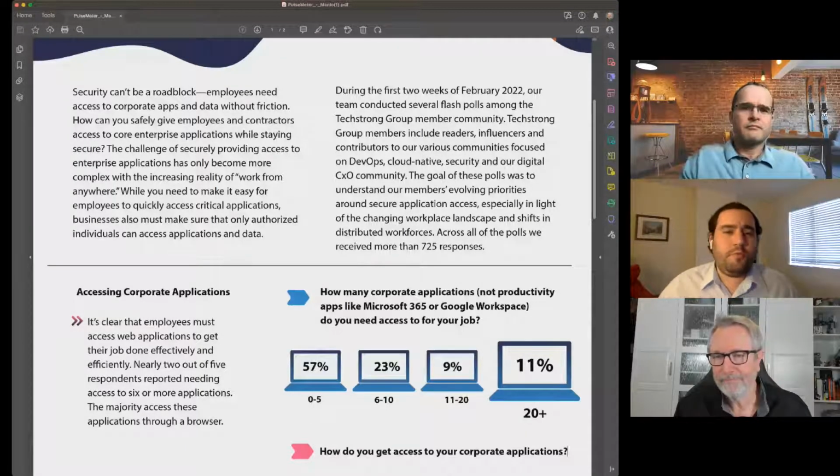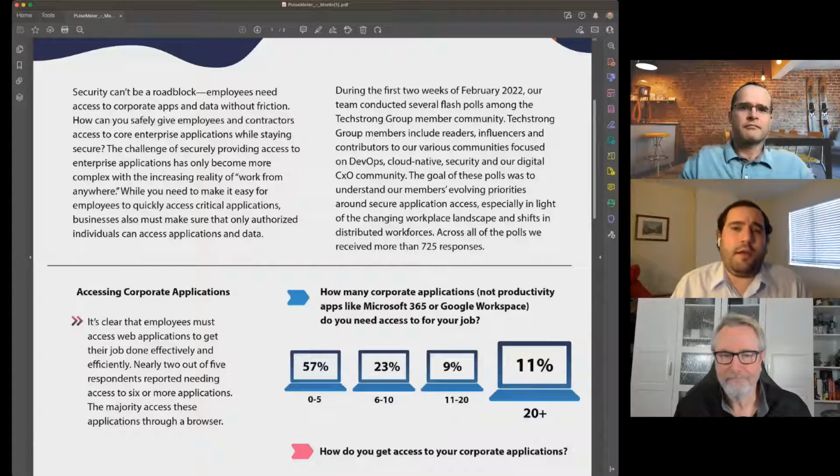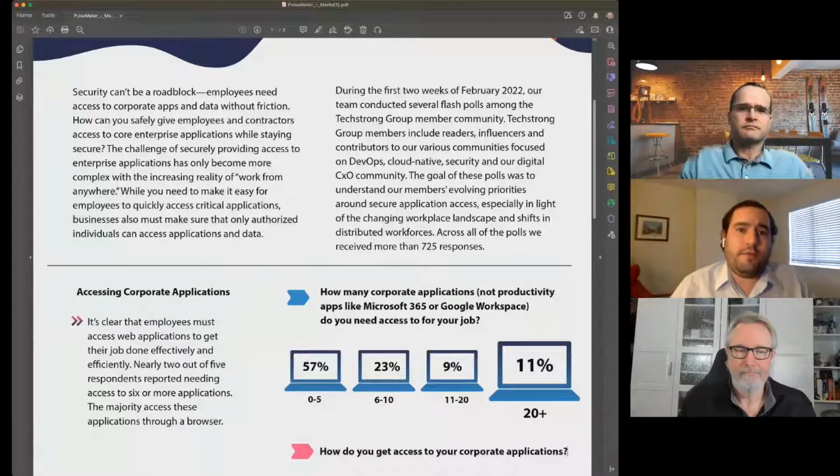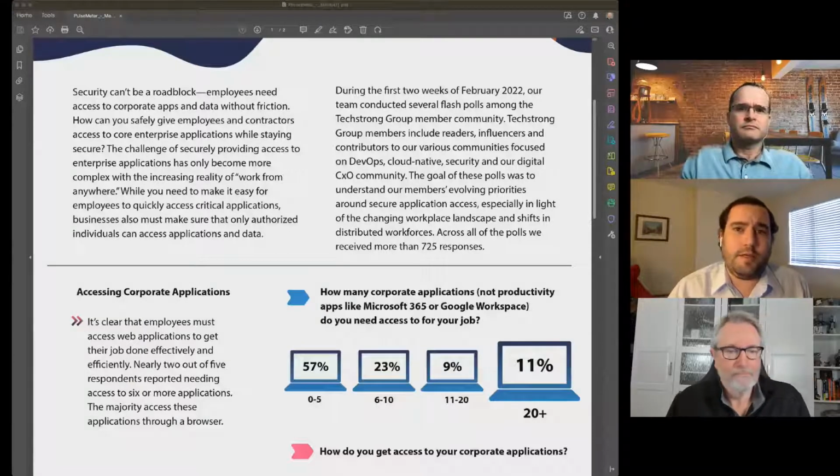Yeah, so you have that group who are only accessing a small handful of private applications, and that's to be expected. As you mentioned, Mitch, we're not talking about run-of-the-mill business SaaS applications, but we're talking about private applications, DevOps apps. But my takeaway was, 2 out of 5 respondents need to access 6 or more applications.